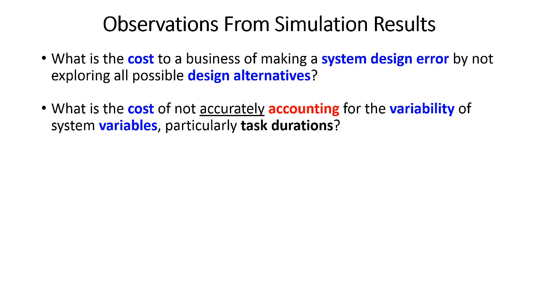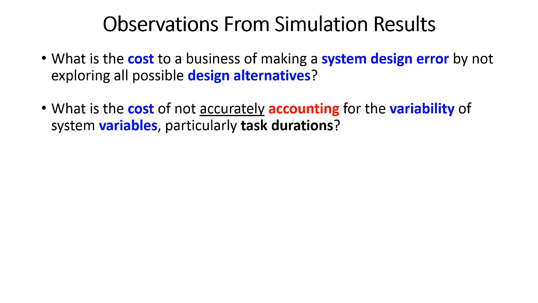Additionally, what is the cost of not accurately accounting for variability of your system variables? A lot of the project management tools really don't have any way of handling or representing variability very effectively. Simulation is designed to specifically look at accommodating and representing variability in systems.